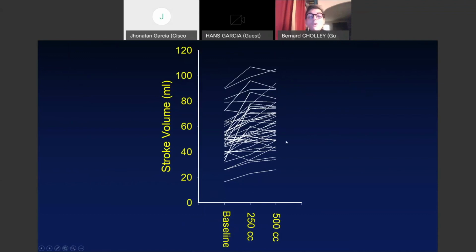And also, all these patients were just before cardiac surgery. They were a homogeneous group of patients somehow. They are very different. Some are very bad with a very low stroke volume that does not increase very much with volume. Some respond very well to the first challenge, but not to the second. Some respond to both.